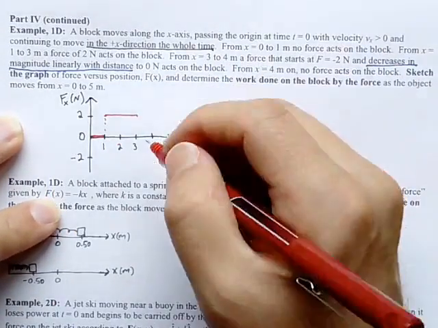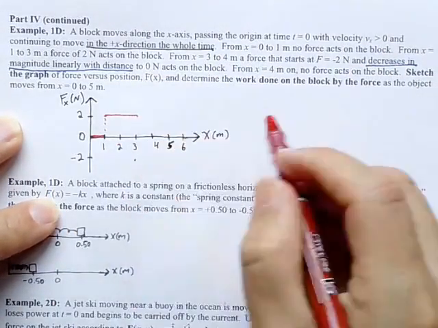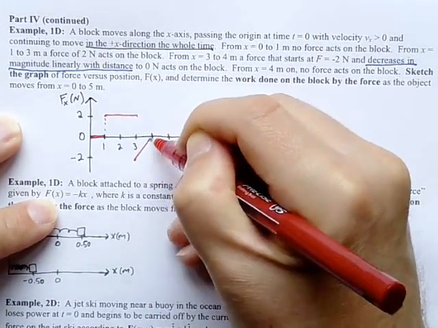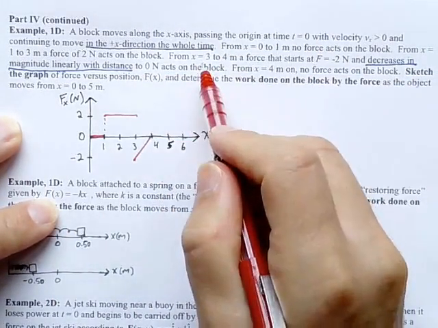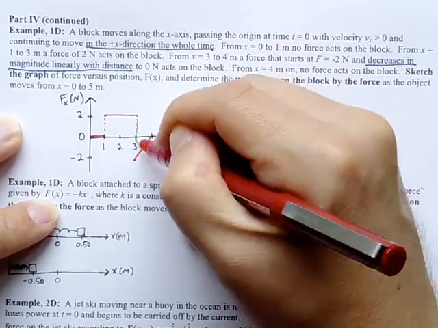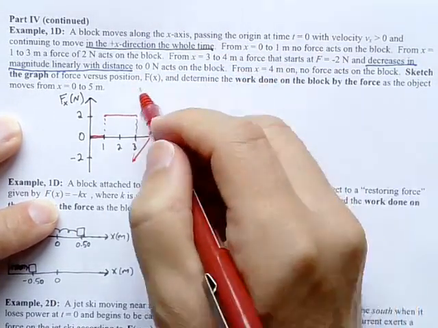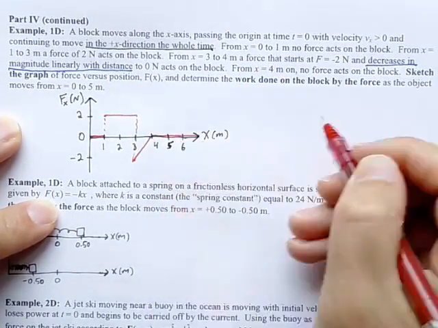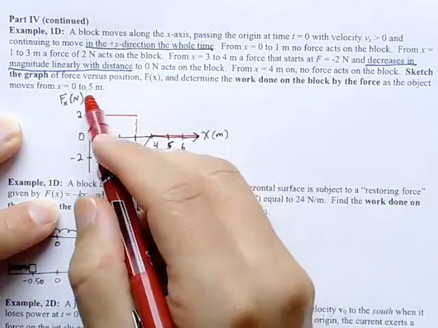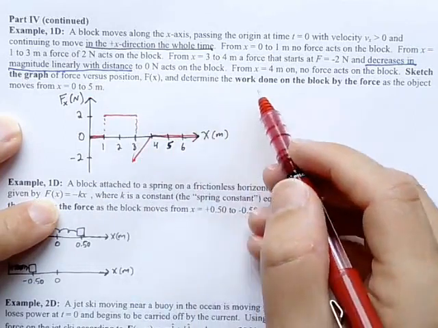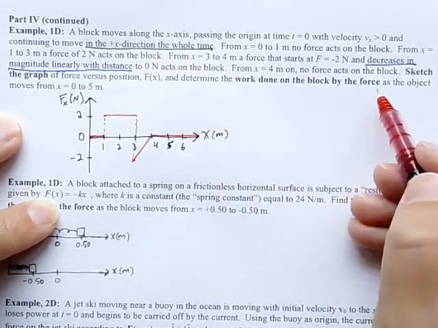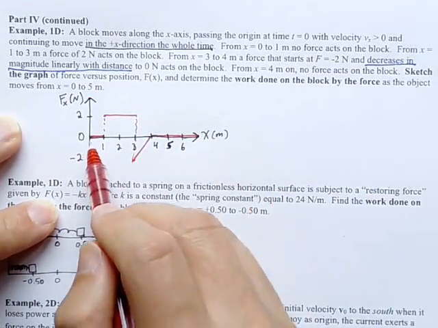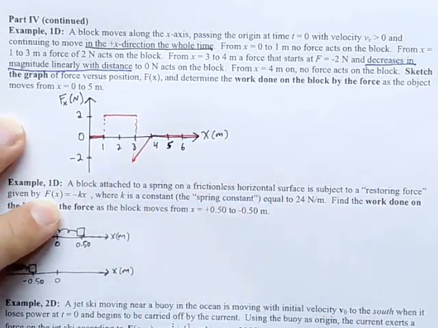Okay, so we start at negative 2 newtons and decrease linearly to 0 newtons as we go from x equals 3 meters to 4 meters. Okay, and then from 4 meters on, no force acts on the block. Sketch that graph for the force versus position. We've done that and determine the work done on the block by the force as the object moves from x equals 0 meters to x equals 5 meters.